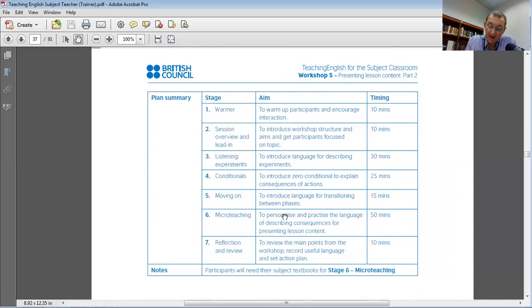If you drop an egg into this salty water, it floats. Okay, so these are what we call the zero conditional, consisting of if, present simple, present simple, when we talk about the consequences of actions, which are always true.